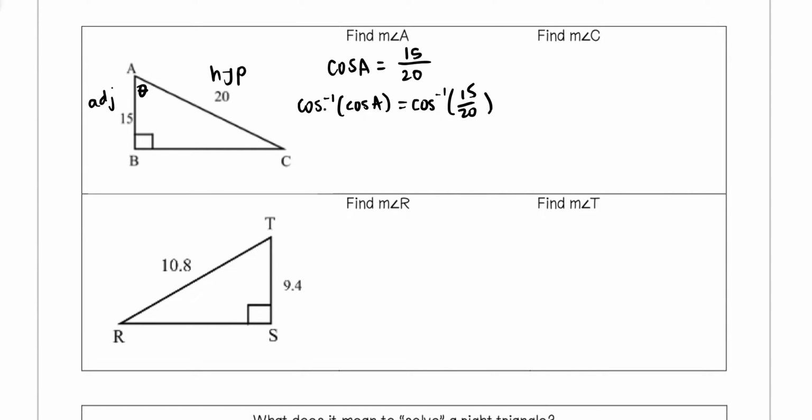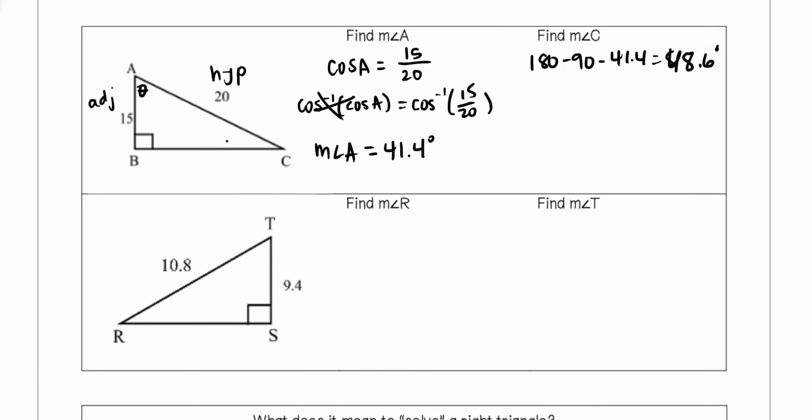When I plug that value into the calculator, I'll be left with the measure of angle A, which will equal 41.4 degrees. So at this point, you can either subtract from 180 all of the angles that you just found, and you can get your difference of 48.6.